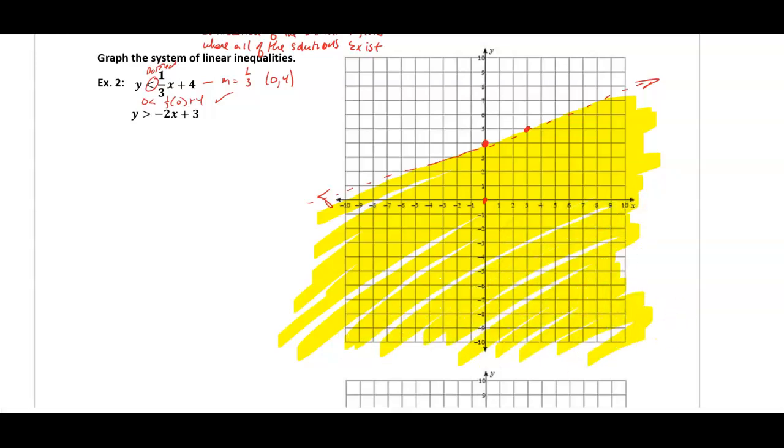Now the next line. y is greater than negative 2x plus 3. Slope is negative 2, the y-intercept is (0, 3). So I go to (0, 3), and I'm going to go down 2, right 1, down 2, right 1. Again, that's a dotted line.